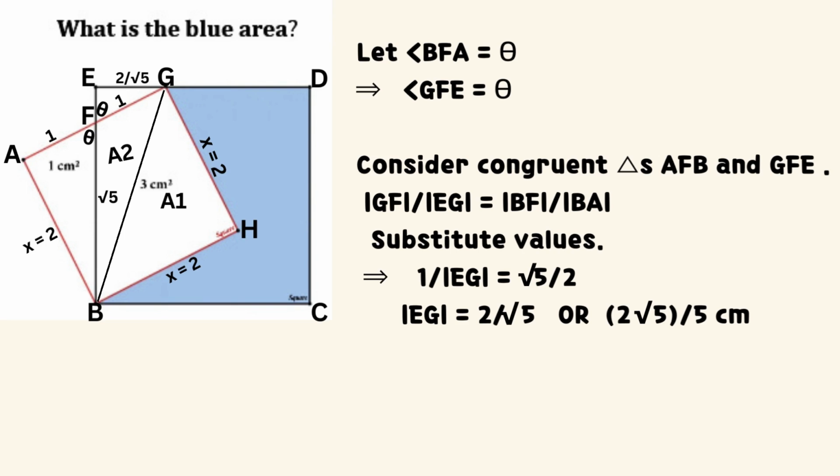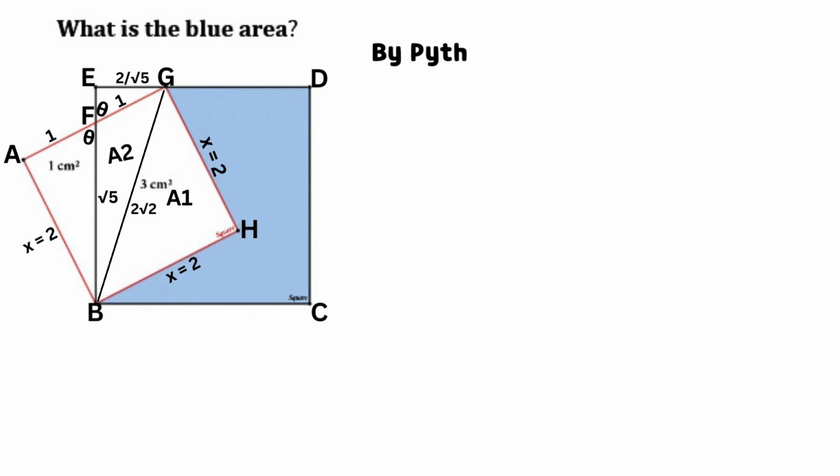Substitute values. Hence, 1 divided by line EG equals the square root of 5 divided by 2. Cross-multiply and we have that line EG equals 2 divided by the square root of 5, or the product of 2 and the square root of 5, all divided by 5 in centimeters.